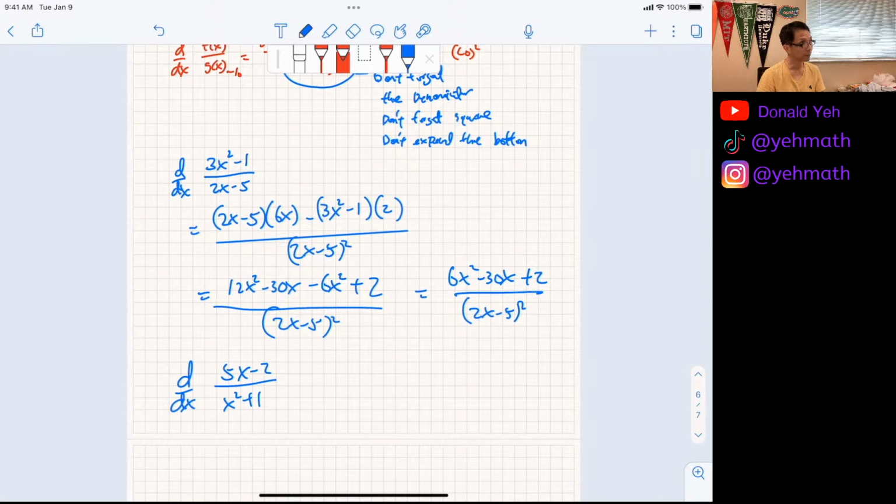This is a new question, a practice. You are going to take a derivative of 5x minus 2 over x squared plus 1. On the top we always have to expand it. Yes, top expand, bottom don't.